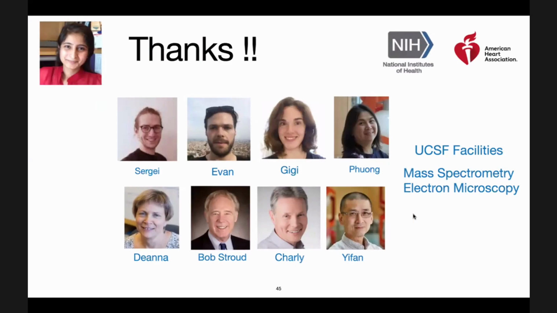This was the whole team of mentors behind us, guiding our steps in the project. I would also like to thank the UCSF facilities for mass spectrometry and electron microscopy, which are running well and letting us do our projects well.